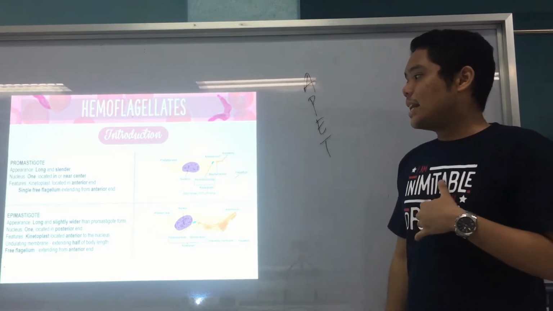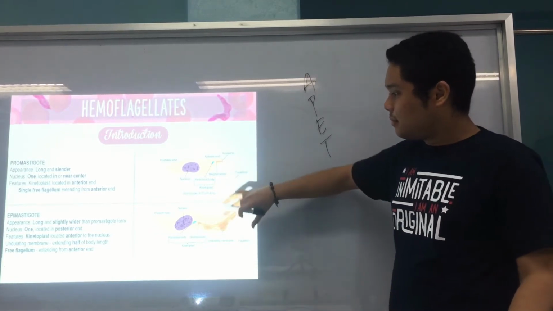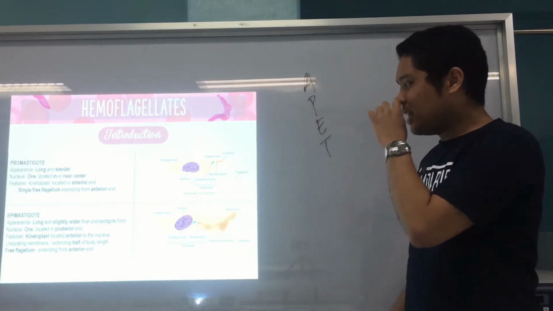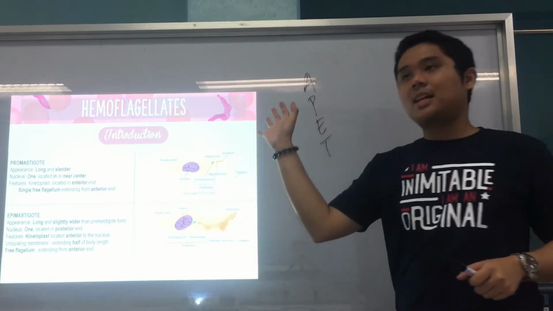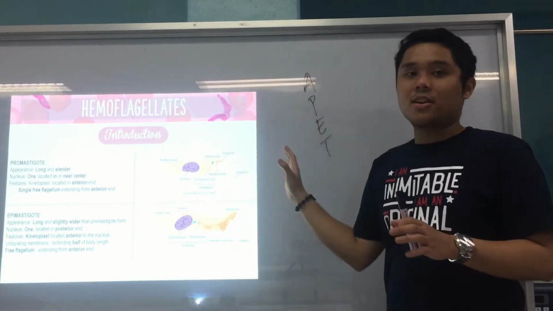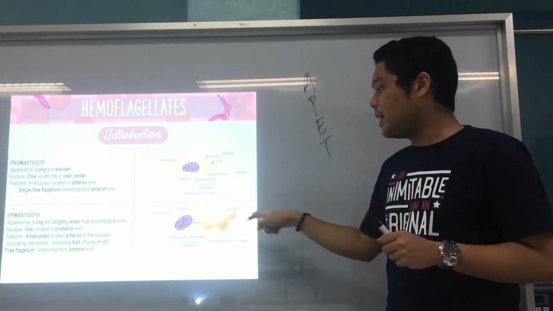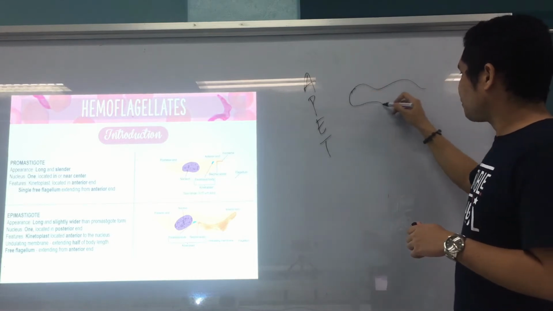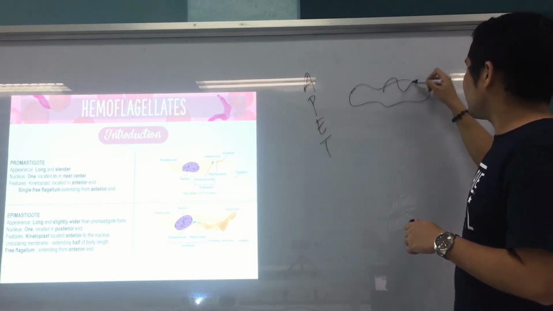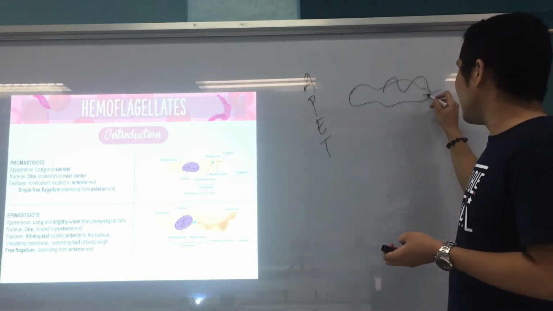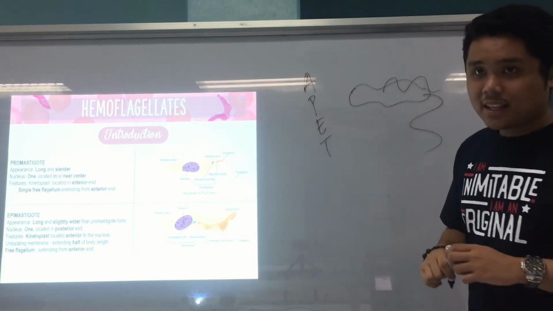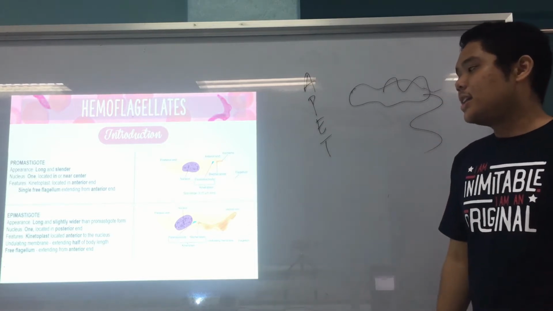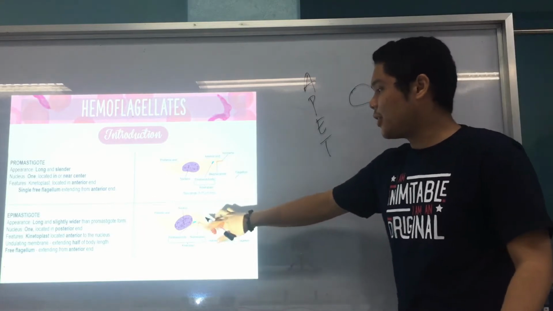Now for your epimastigote, the next one, it's wider and slender than your promastigote. The nucleus is much more posterior, away from the center. The undulating membrane is already half the body length. So it's much wider and your undulating membrane is at half. And the flagellum is at the anterior end, at the front. And your kinetoplast is located anterior to the nucleus.